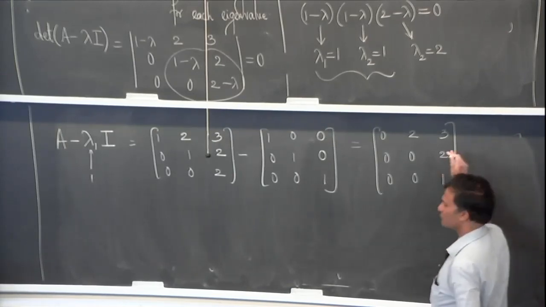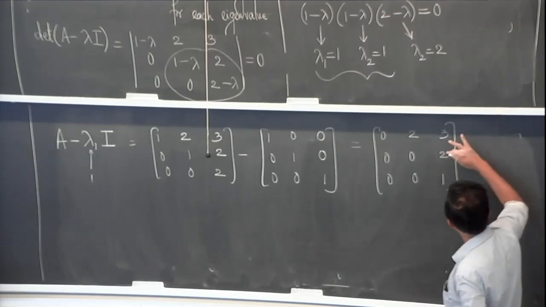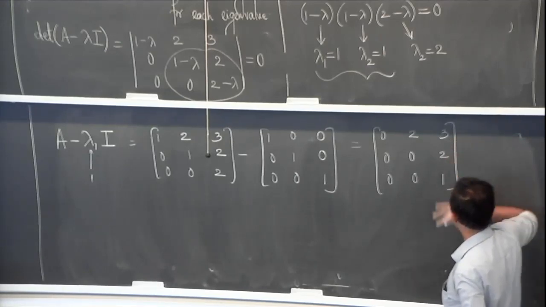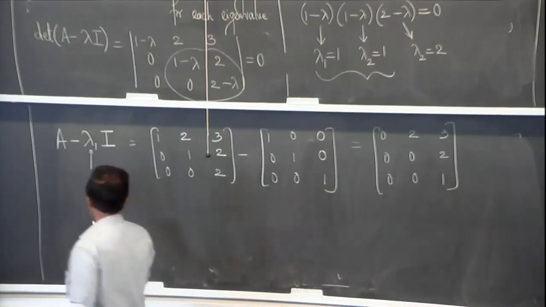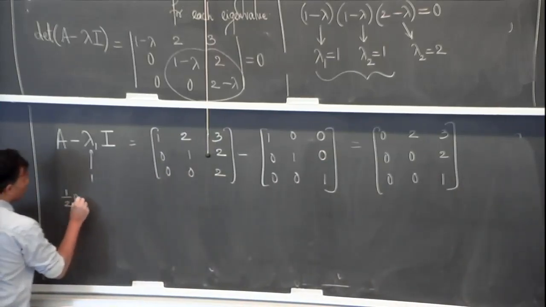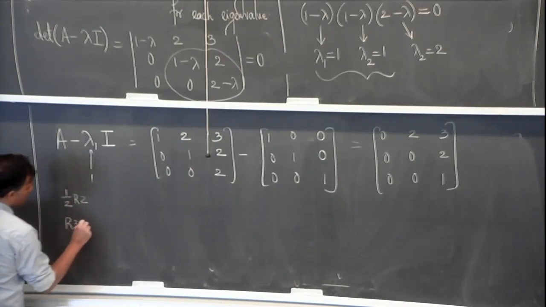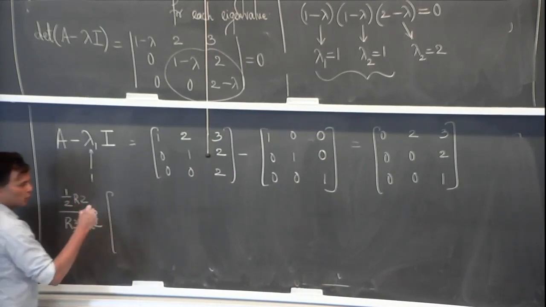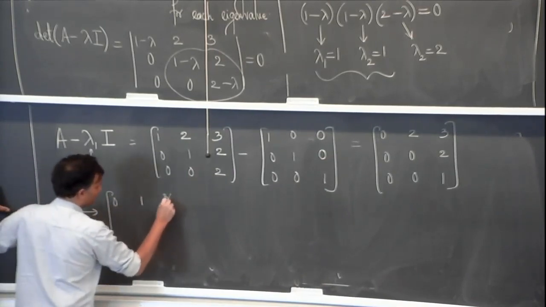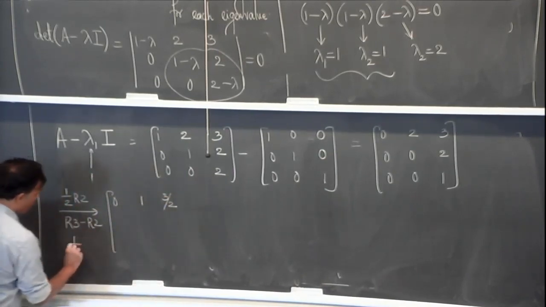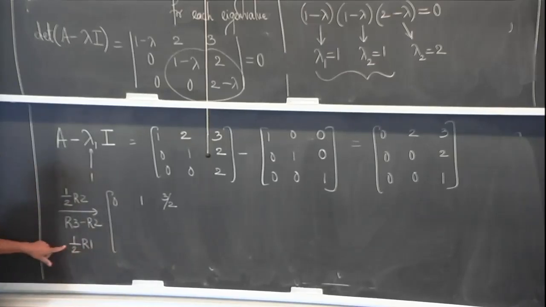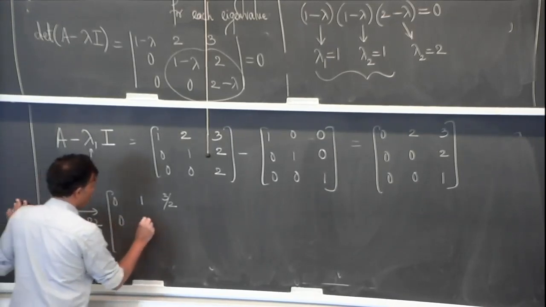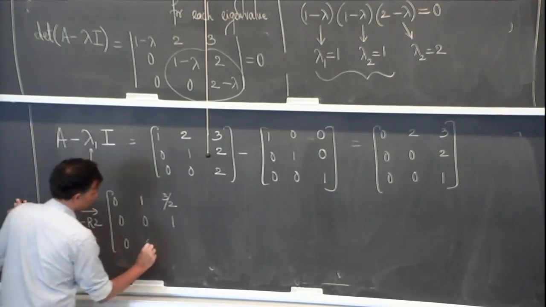This is not fully in REF. So we could divide the second row by 2 and then do R3 minus R2. You can divide the first row by 2 to make it strictly REF. It's 1/2 R1: 0, 1, 3/2, that is more of a cosmetic thing. The second row is 0, 0, 1, and the third row is 0, 0, 0.